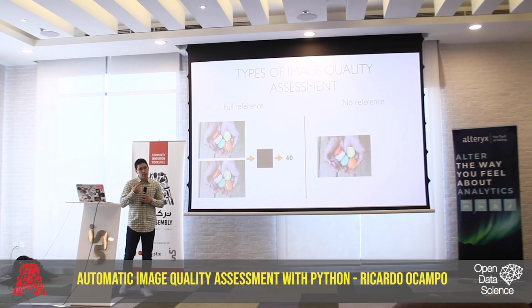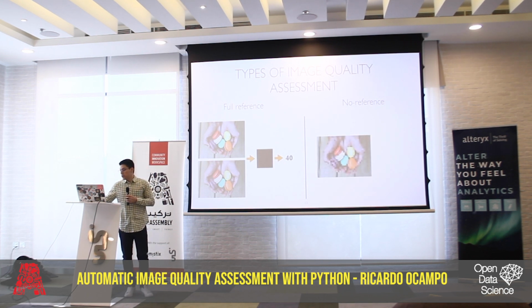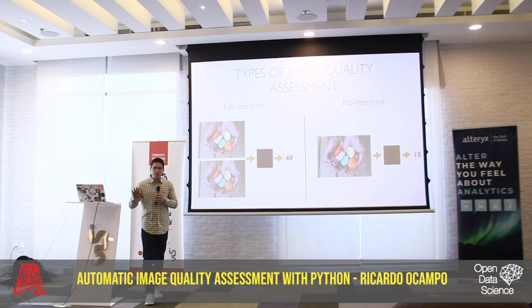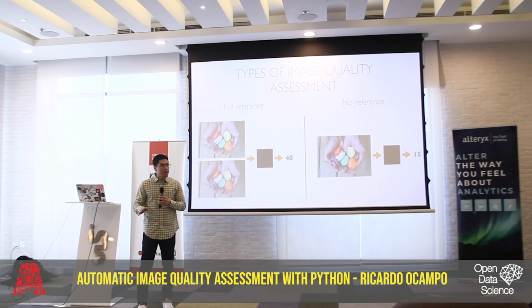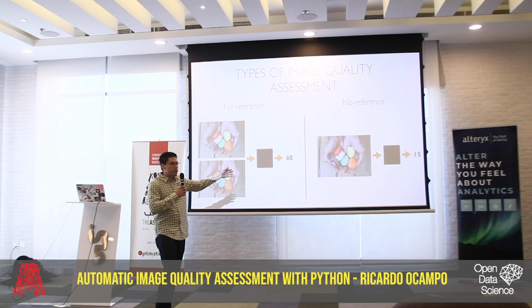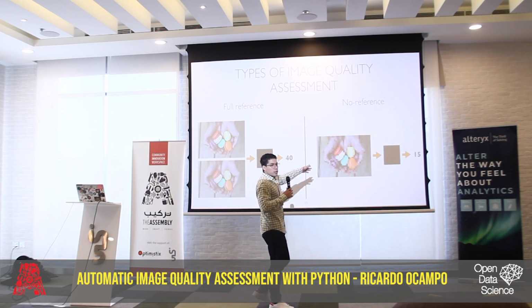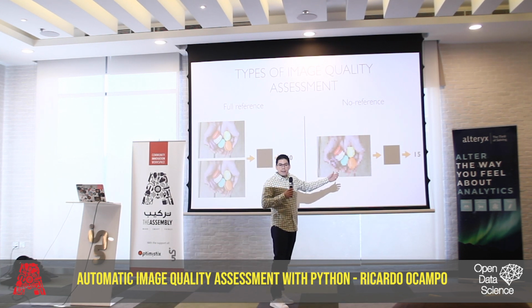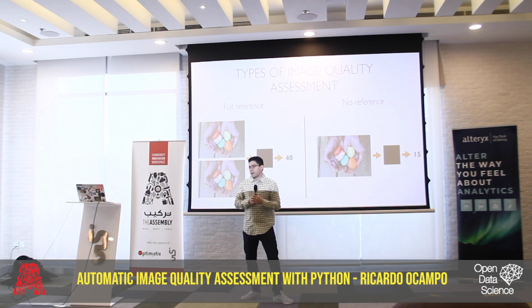You have the bad quality image, and you input it into a box, and the box automatically, without any more reference, gives you the number. This is the most common, and in the literature they focus more on this kind of algorithm, because it's easier to just have the image, input it into a box, and get the score.